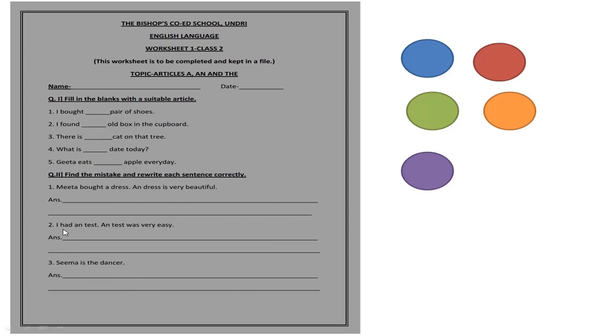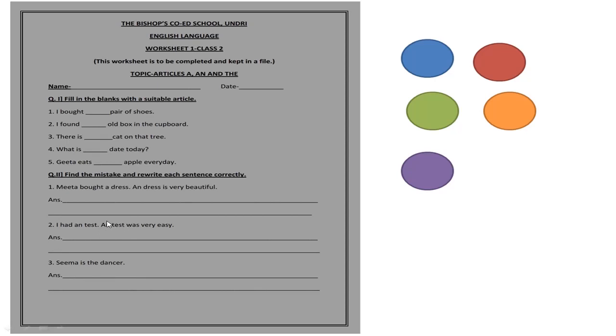Sentence 2. I had a test. Sorry, I had an test. Full stop. An test is very easy. Now, first of all, I had an test is wrong. I had a test. Correct? And here it will not be a test, the test.